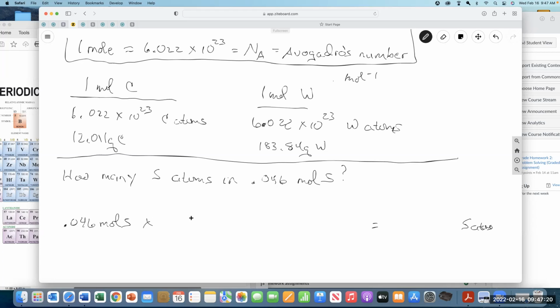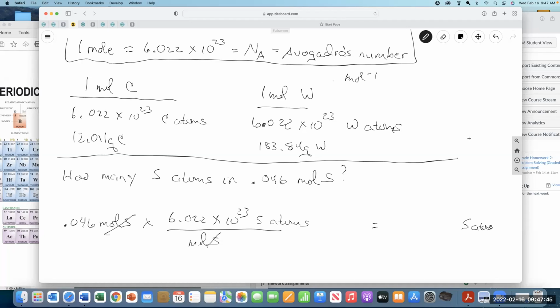And so then we use Avogadro's number. There are 6.022 times 10 to the 23rd sulfur atoms per mole of sulfur. You want to get in the habit, using dimensional analysis, of being descriptive with your units. Don't just write atoms, write sulfur atoms.